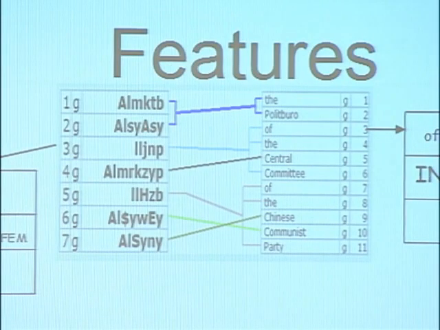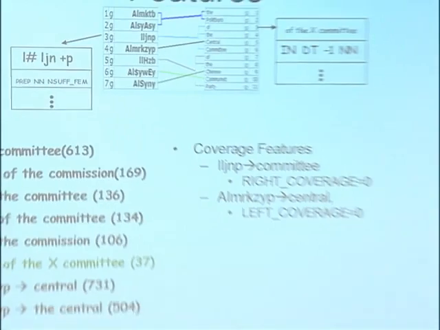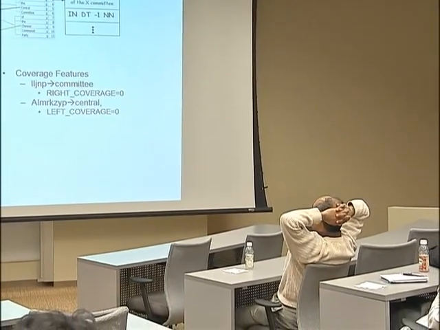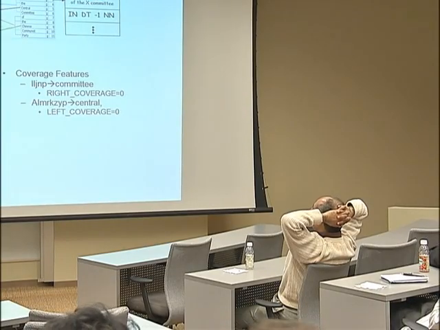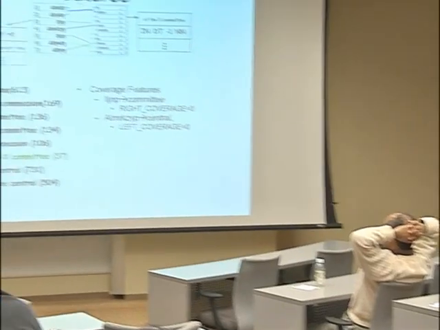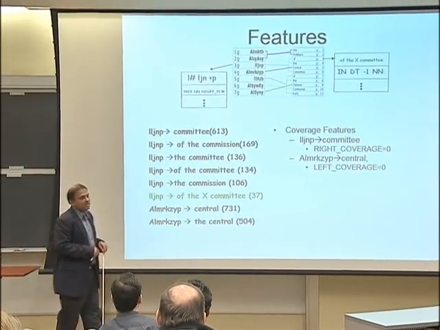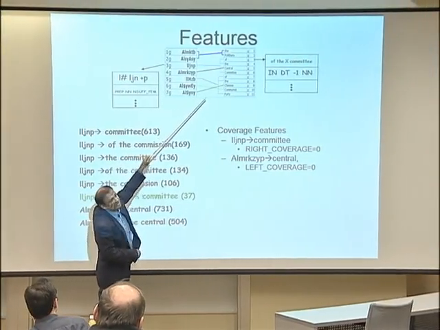So there's usually a coverage vector for phrase decoders. For example, this right coverage, I don't know whether it's right coverage, but yeah, wherever before you put in "committee", you decide that "central" has already been produced, or that the Arabic word which is in position 4, that has been covered. Yes. You will get that feature only when you produce "committee". Right. So the two productions are different. "Of the" is different than "committee".